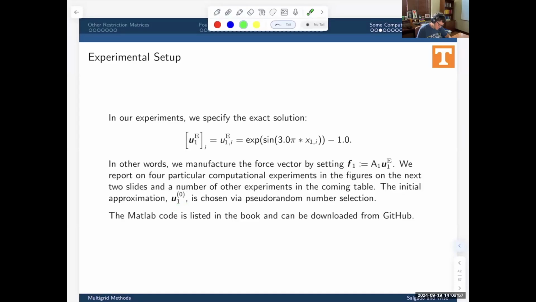I think this should just be U1, 0. There's no brackets around that. What I mean here is that this is just going to be a vector, and I take all of the entries of that vector to be chosen by random numbers.